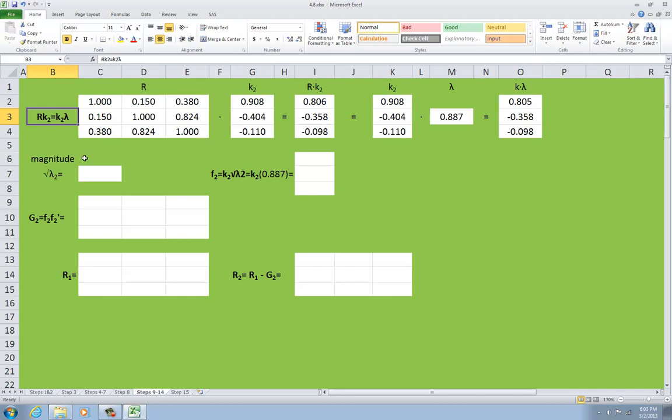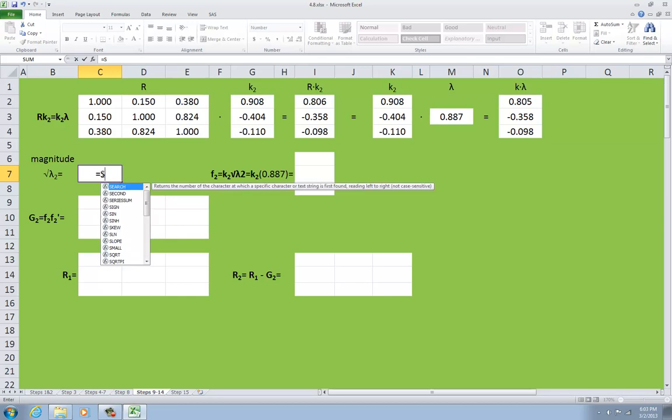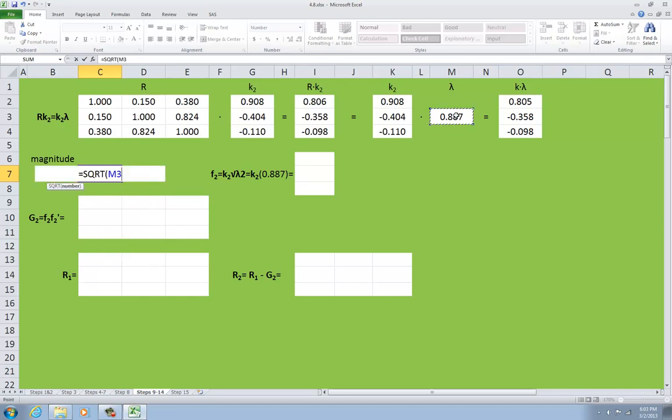To finish step 9 and step 10, the corresponding desired magnitude for the factor is found by taking the square root of that. So we get 0.9418. The normalized eigenvector K2 is converted into the vector of factor loadings, F2, by multiplying each value in the K2 vector by the desired magnitude, which I've shown in this formula.